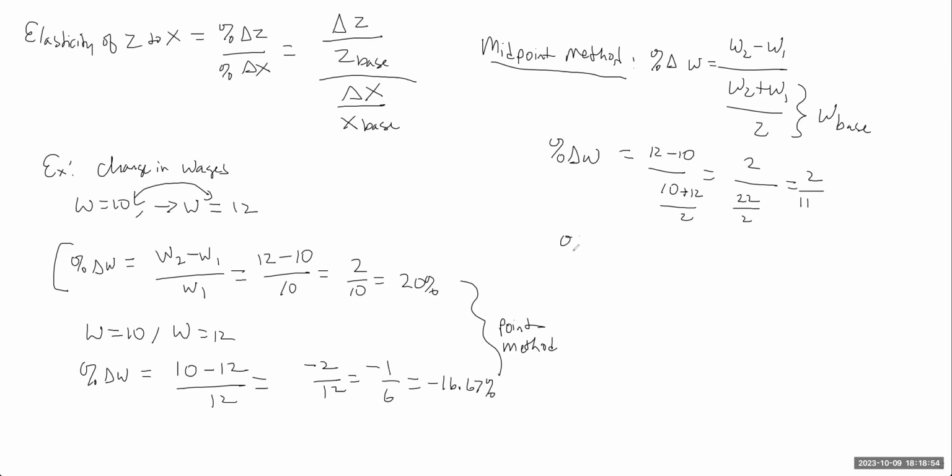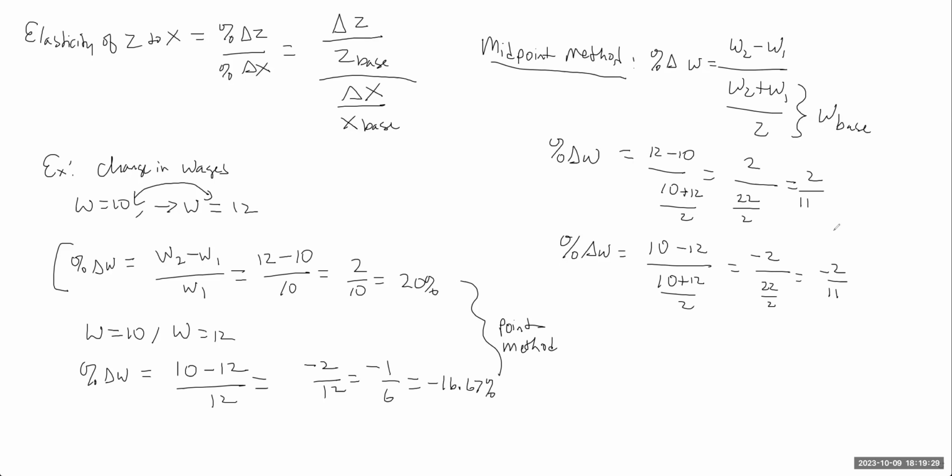And others will say, no, wages went down, and it would be (10 minus 12) over ((10 plus 12) divided by 2), which is minus 2 over 22 divided by 2, which is minus 2 over 11. So we would get the same actual percent change. It's just we don't know if it went up or down. Now we have just one thing to argue about, whether it went up or down. Okay, percent change, we got an agreement on that.